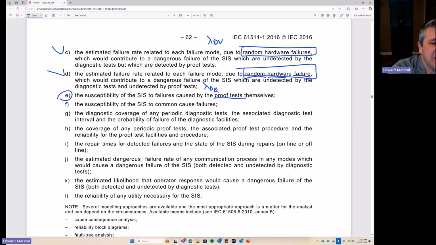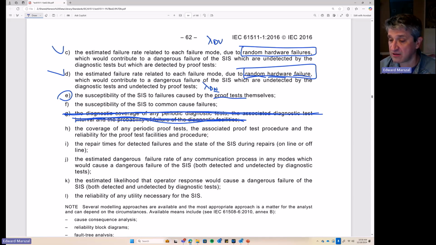The standards committee said, no, we're not doing this because, again, this is not a random hardware failure. So in the next version of IEC 61511, clause G is going to go away. So hopefully that gives everyone a little bit of a sigh of relief. You're not going to need to think about that anymore.